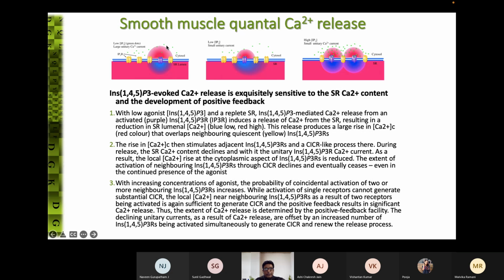What they are trying to say is that in the presence of this IP3, you will, for example, activate one of these receptors in this locality. There's a depletion of calcium in this bluish zone, and a release of calcium in the reddish zone.